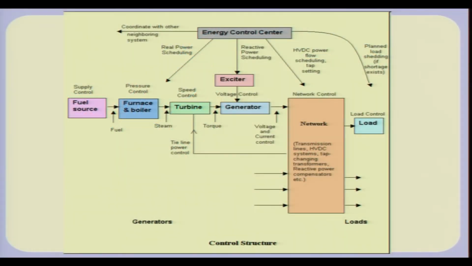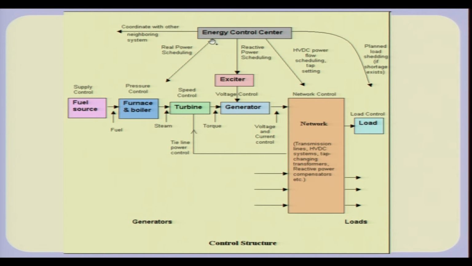If you look at a typical control system, I am not sure how well visible this is on your screen, but essentially you have a so called energy control center, also called a system operator center or a load dispatch center, which coordinates with neighboring synchronous grids.